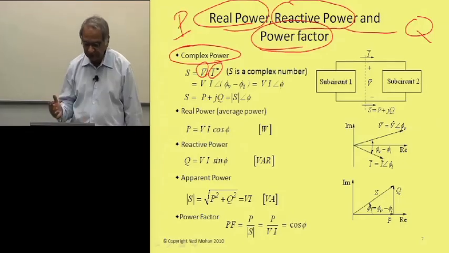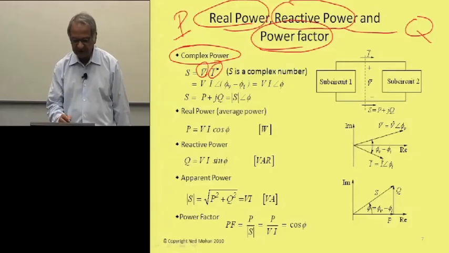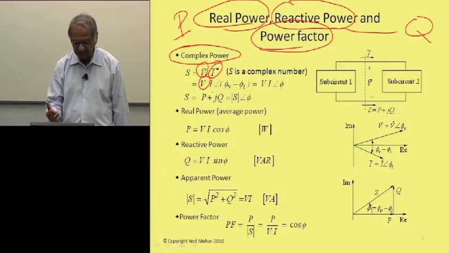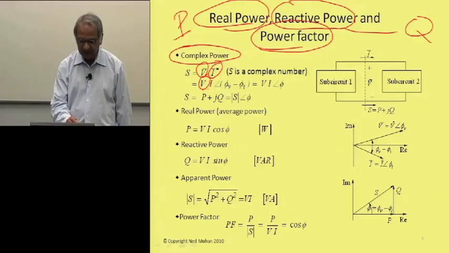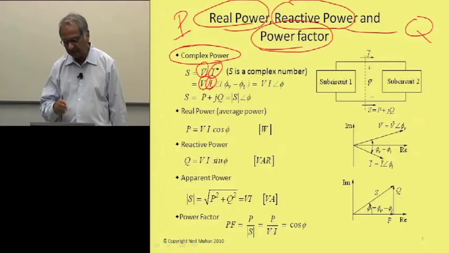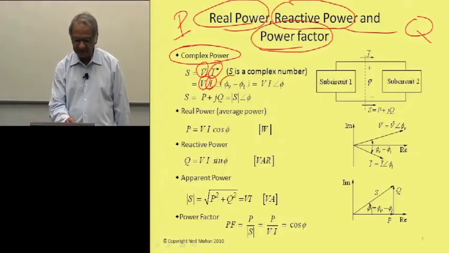If you do that, and if you remember the expressions for voltage and current phasors, you will see that this will be equal to the RMS voltage, as I'm taking the RMS value as the amplitude of these phasors, times the RMS current times the angle that would be the phase angle of the voltage minus the phase angle of the current. The difference between these two angles we'll call phi.